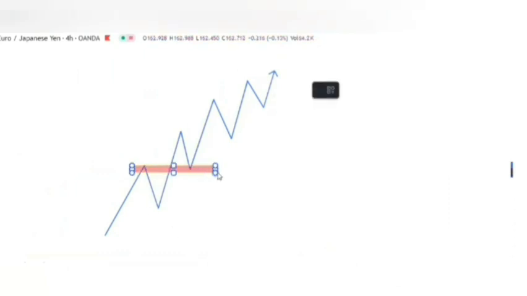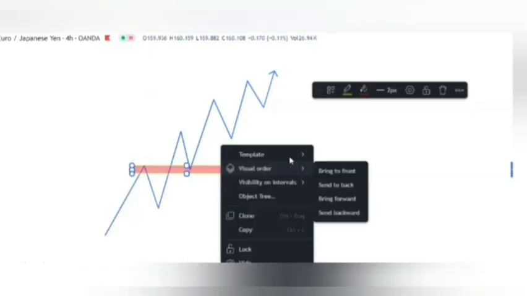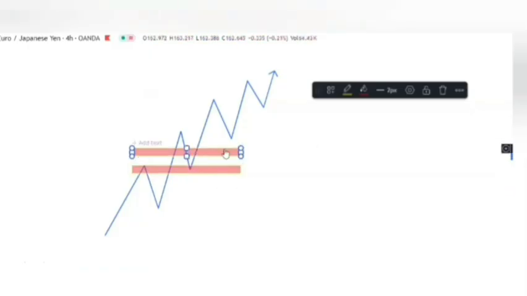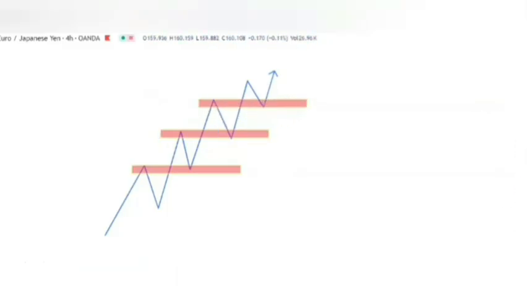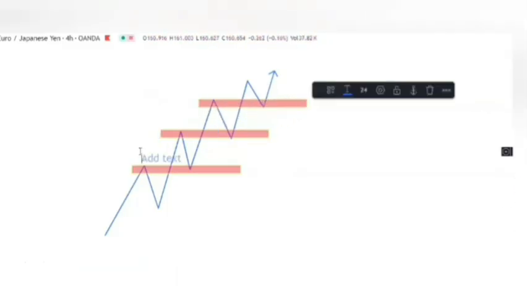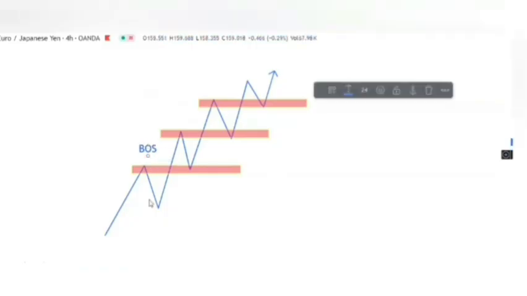As you can see here, there was a break of structure here, there was a break of structure over there, and there was a break of structure over here. This is what we call BOS. You might have heard of that acronym, BOS. BOS stands for break of market structure.